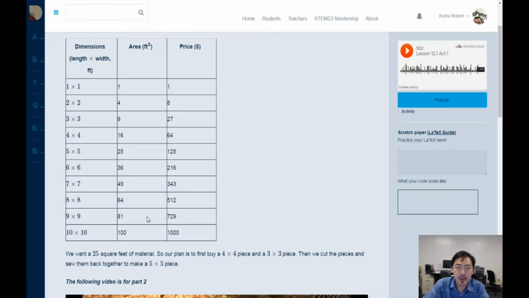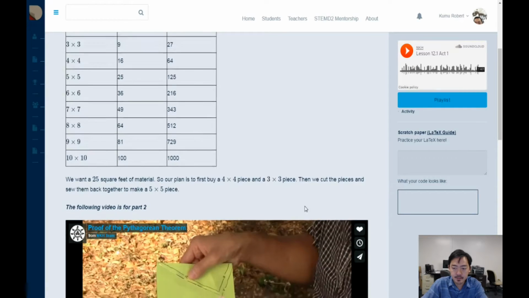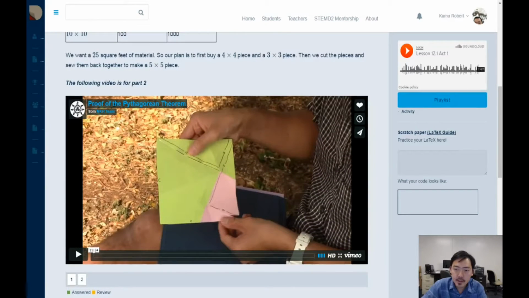After we've discussed this problem, we will conclude this activity with a hands-on proof of the Pythagorean theorem. In the hands-on proof of the Pythagorean theorem, we will need 2 square sheets of paper. One sheet will have sides of length A, and the other sheet will have sides of length B. A and B can be whatever they want, but the effect is more dramatic when A and B are different sizes.